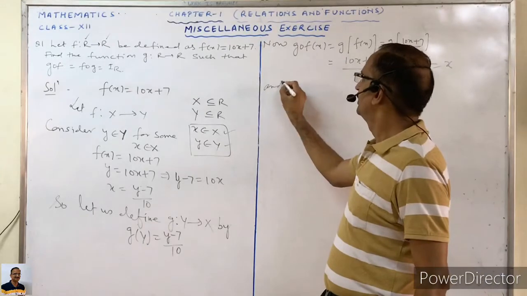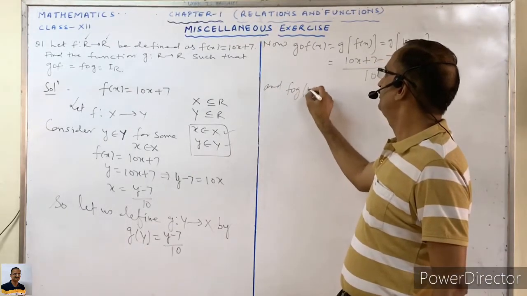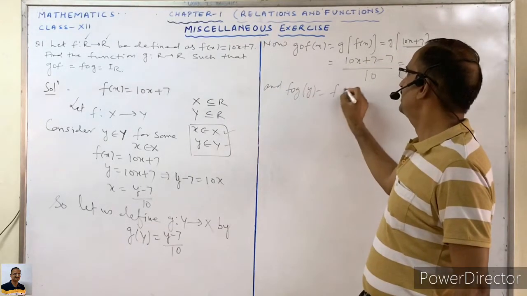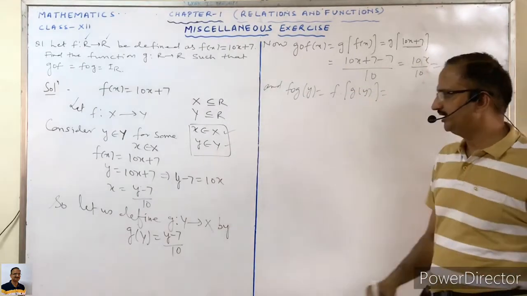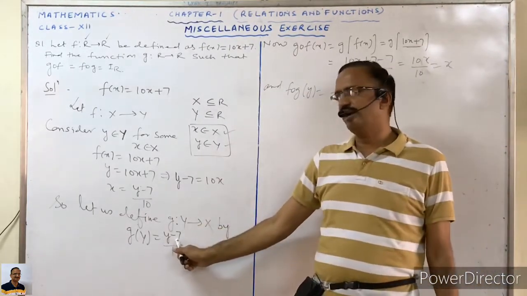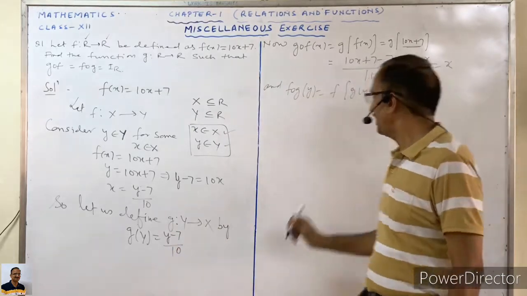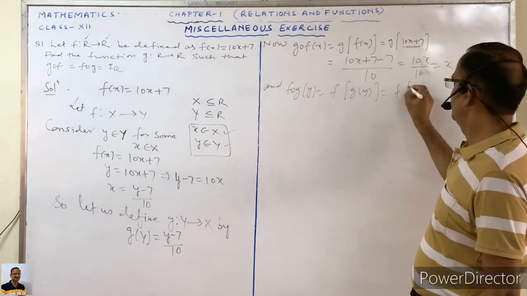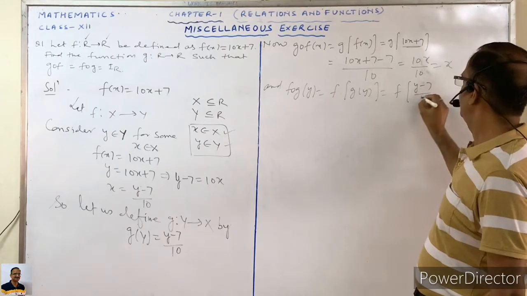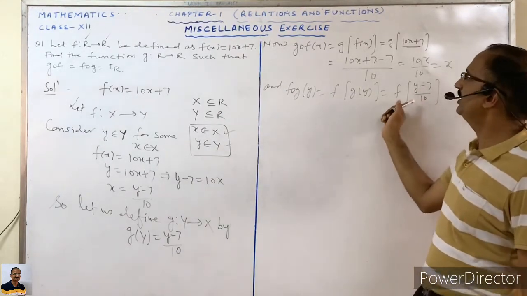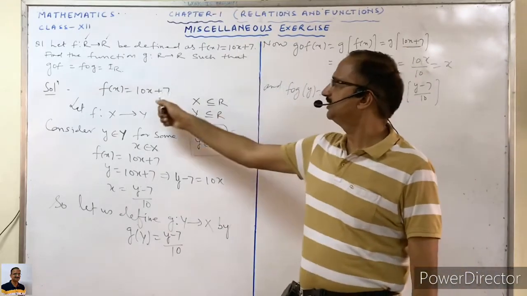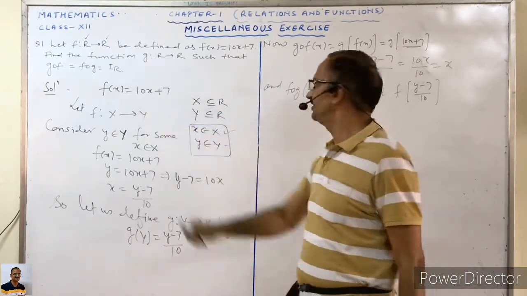And FOGY. We can write this as f of gy. And what is gy? gy is (y minus 7) by 10. Now we will put this value in fx. What is fx? This is 10x plus 7.